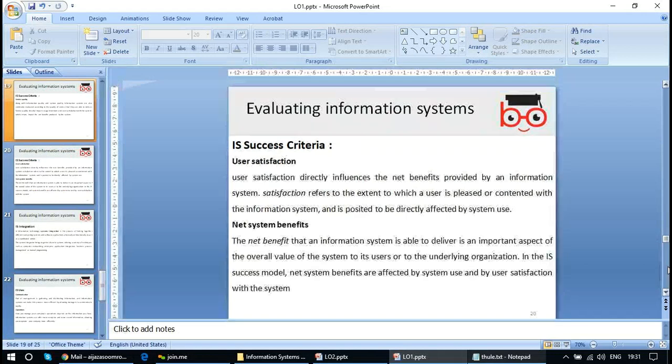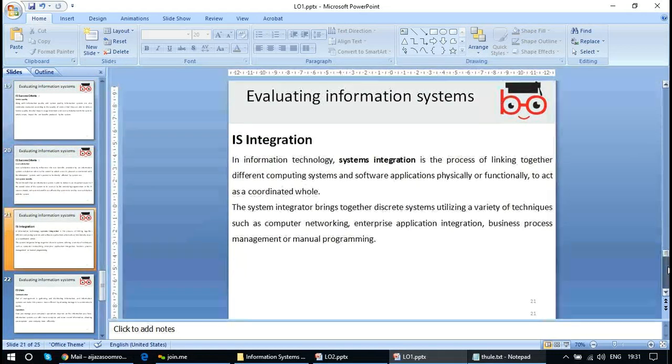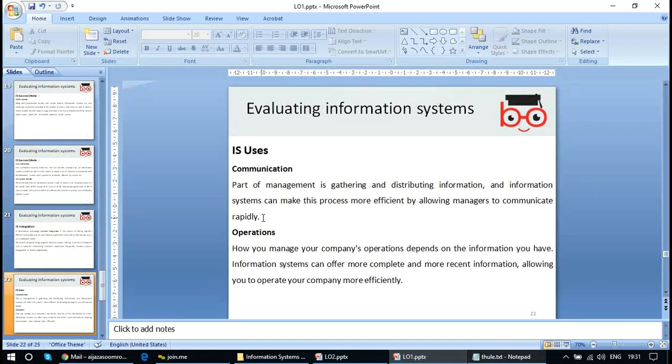Now, uses. The information system is used in communication, like sending messages, maybe via the computer, maybe wireless, maybe handheld devices, and any kind of system could be used, specialized devices for the communication.